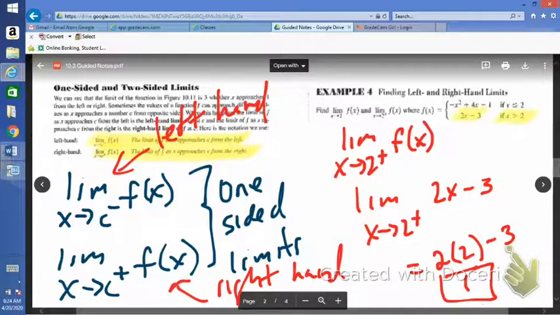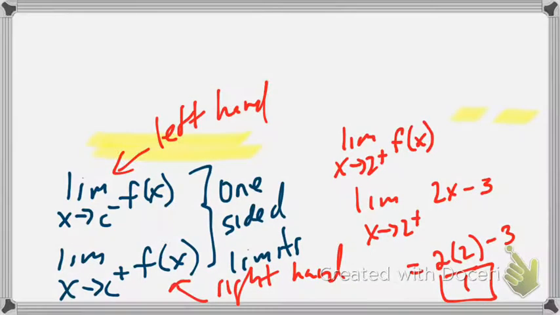Now we need a new page here. Okay, so what do we have going on? We have the limit as x approaches 2 from the left of f of x.